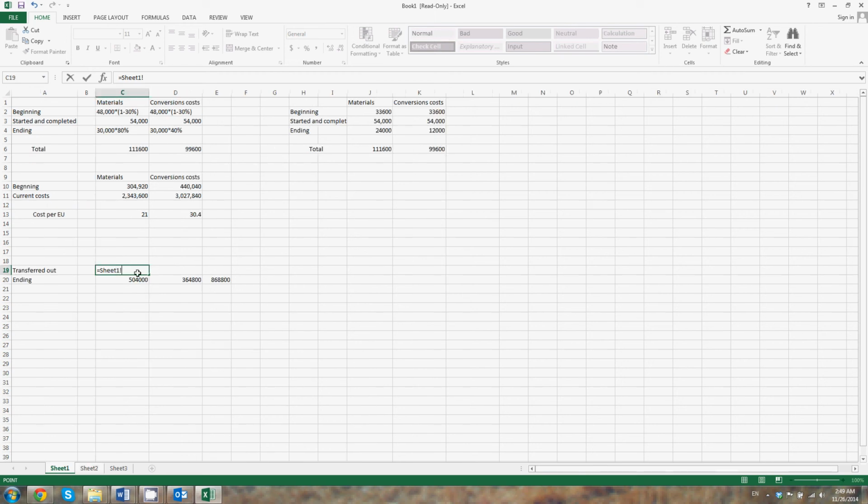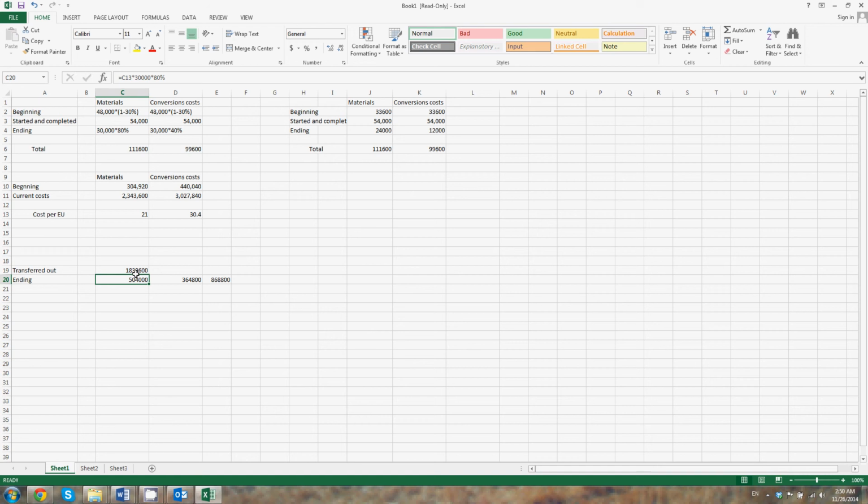So what we do is we sum of these two numbers, beginning plus started and completed, and times the cost per equivalent units, and click enter.